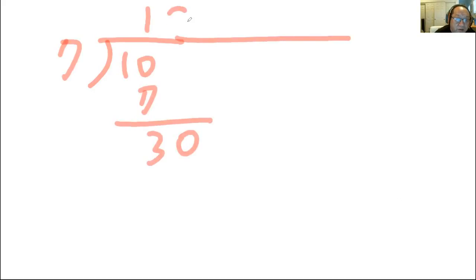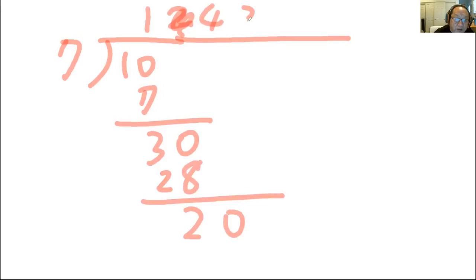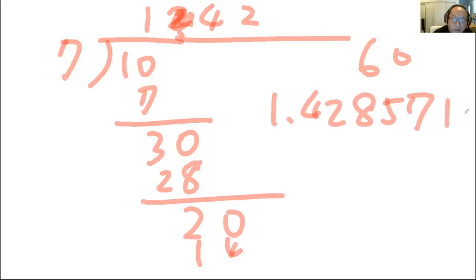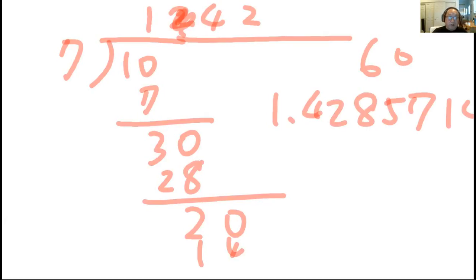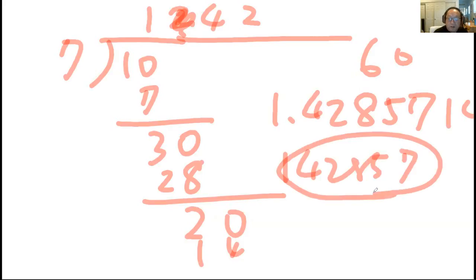After that, you have 2, you have 4, 28, and then 20, and then you have 2, you will have 14, and then you have 6, something, right? So actually, you will end up repeating like that. You will have 1, 4, 2, 8, 5, 7, keep repeating.